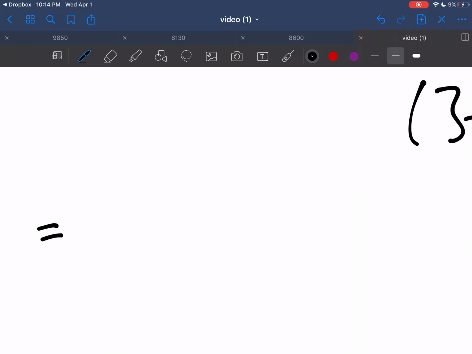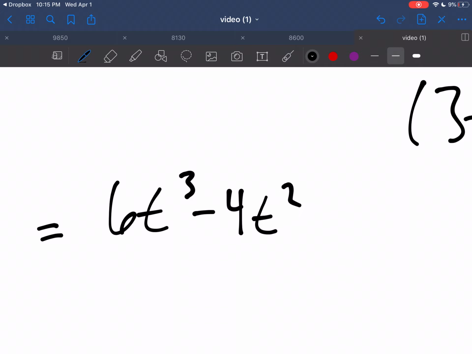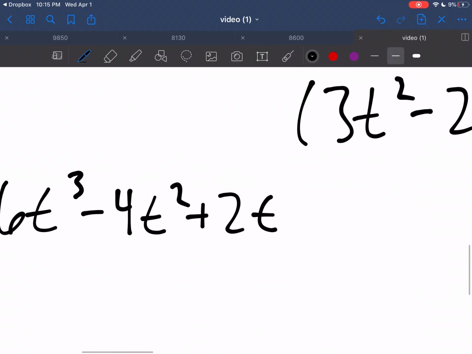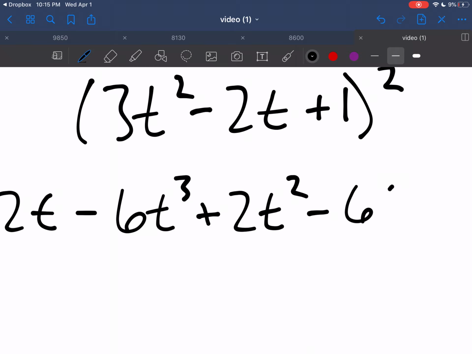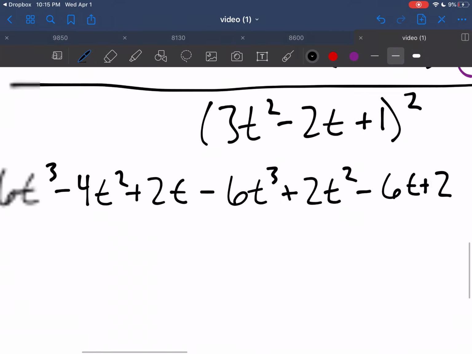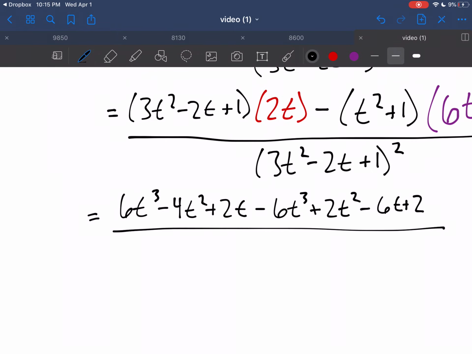Okay, so we can expand the numerator out, and we get 6t cubed minus 4t squared plus 2t minus 6t cubed plus 2t squared minus 6t plus 2. Again, all over this denominator.